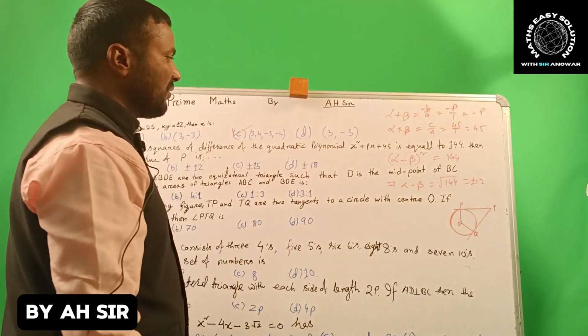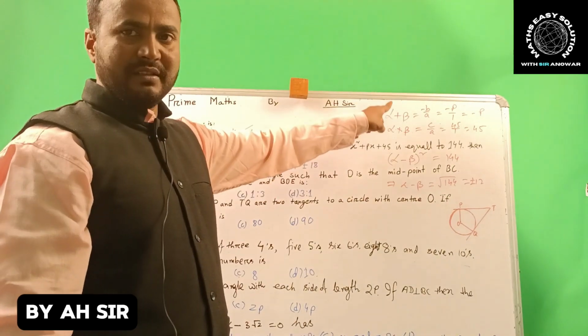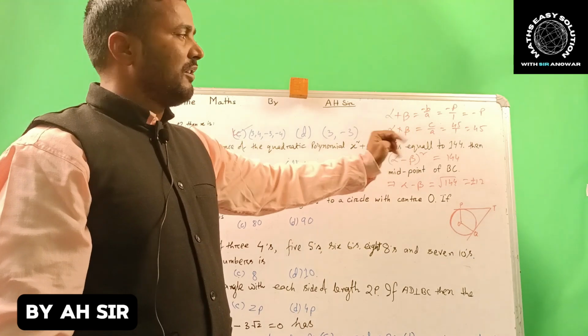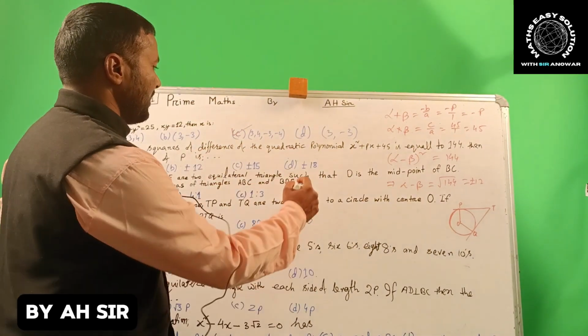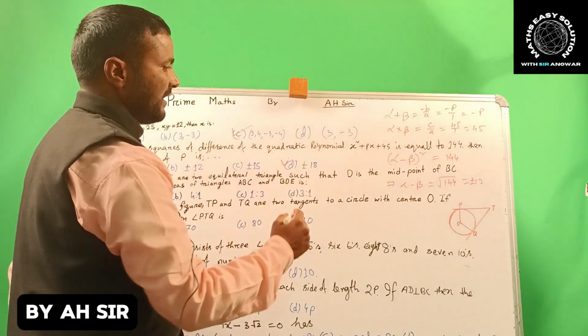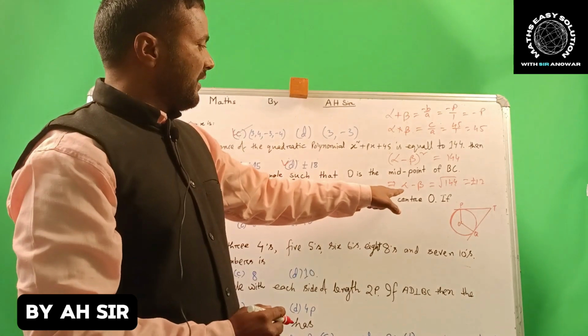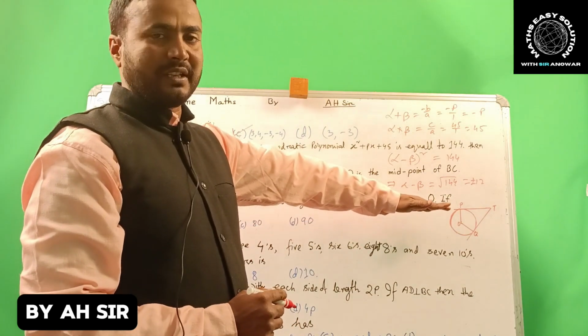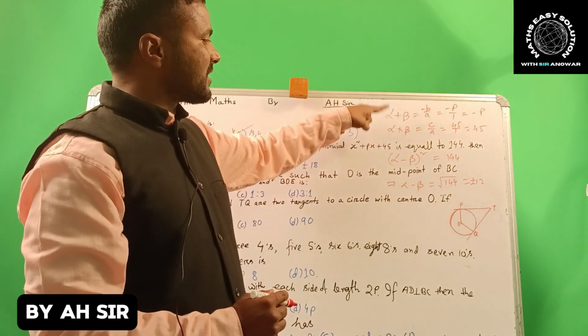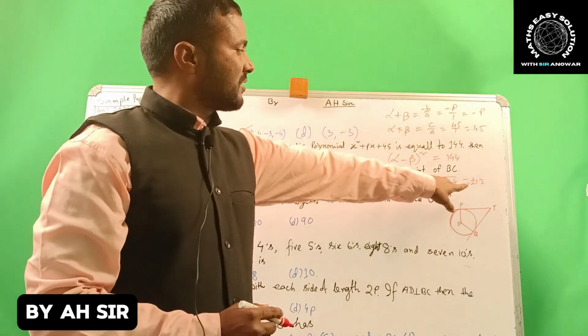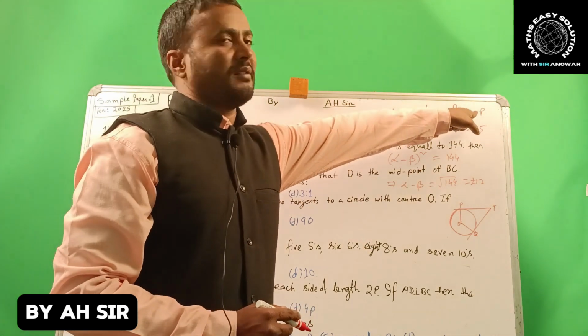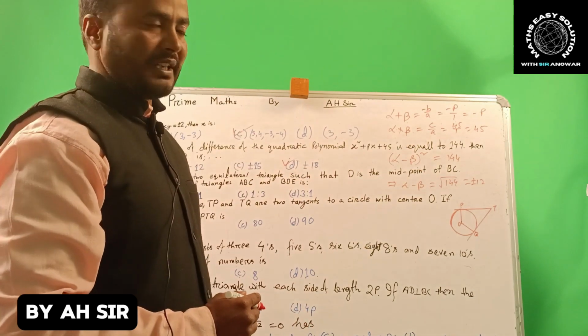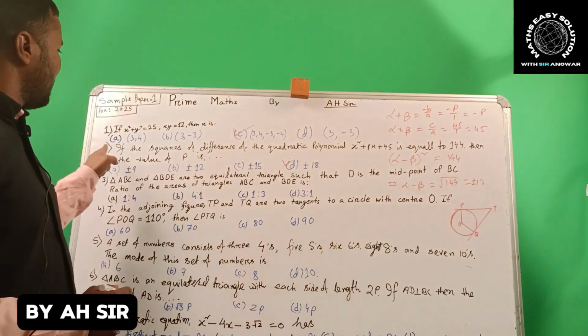In that way, if you calculate by using these equations, since we didn't have space here, you will get the solution, and that will be the answer D. We don't have enough space here, otherwise you can solve it. If we solve step by step, alpha minus beta equals this one, alpha plus beta equals this one. So from these 2 equations, you will get the solution. This is the solution of number 2.